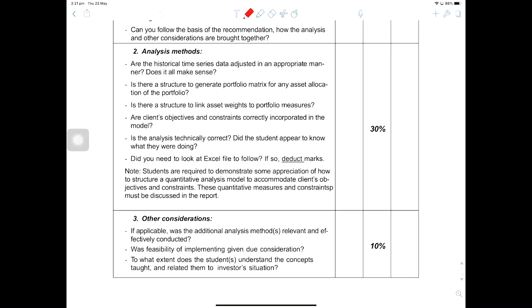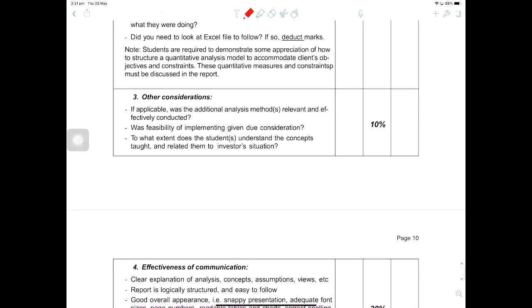Clearly writing down how you conduct the analysis is very important to have a good mark. Other considerations, the implementation issues, tax, the manager access, or other issues related to asset allocation are going to be assessed.